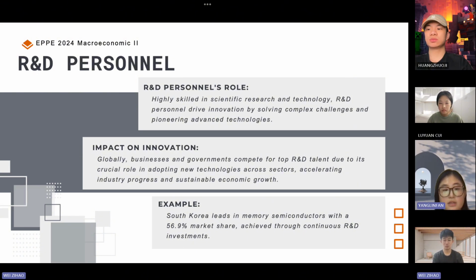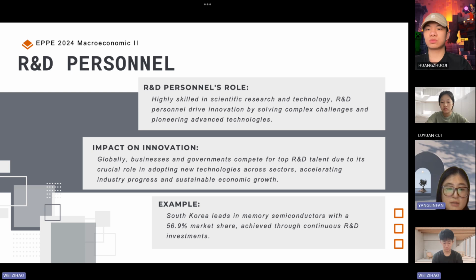And the second one is impact on innovation. Globally, businesses and governments compete for top R&D talent due to its crucial role in adopting new technology across sectors, accelerating industry progress and sustainable economic growth.